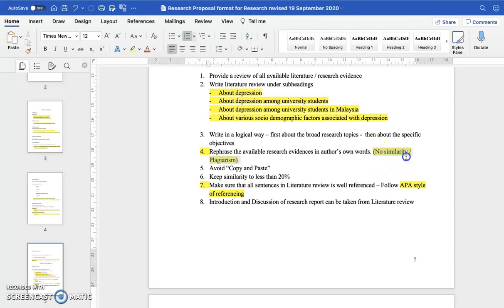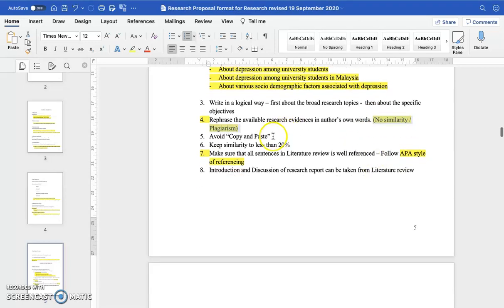No similarity or plagiarism should be there. Avoid copy and paste. Keep similarity to less than 20%. You can check similarity using Turnitin and make sure that your literature review has a similarity index less than 20%. Make sure that all sentences in the literature review are well referenced.